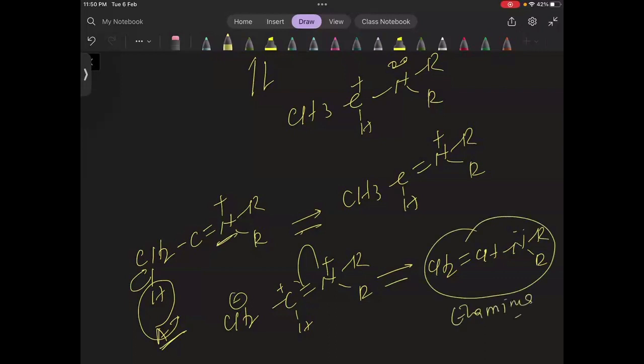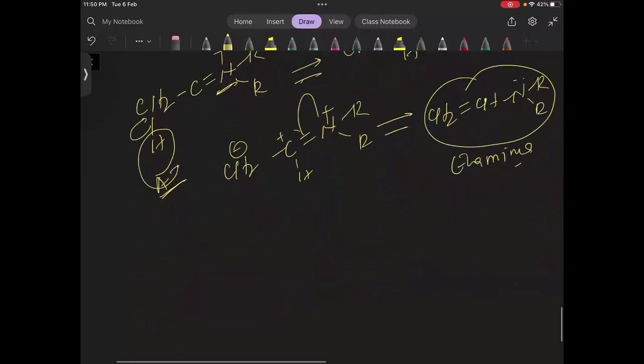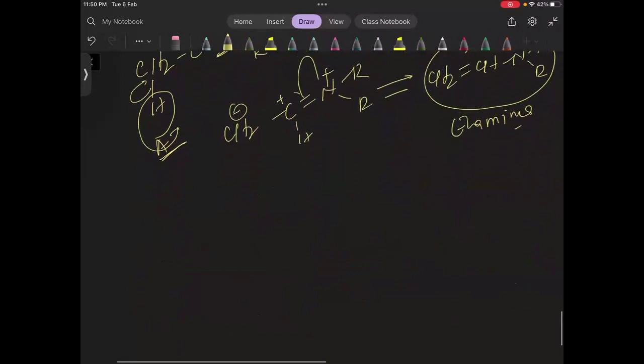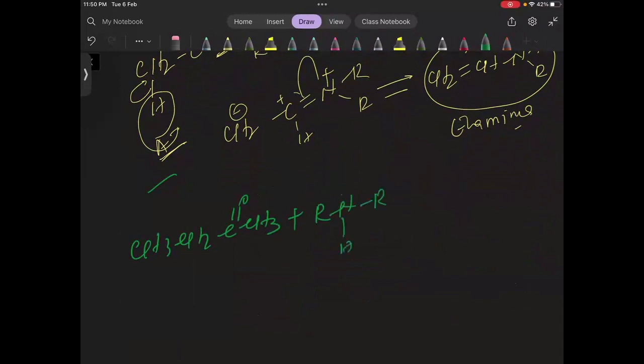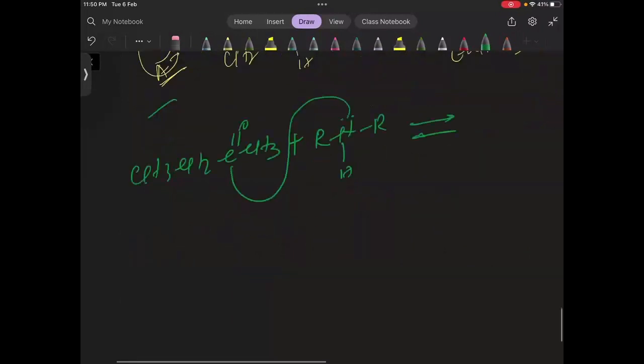Enamines will form. Let's understand through one more example here, then you will understand perfectly. See what the example is. The compound is CH3CH2C double bond OCH3, with R and R and H. The lone pair will attack here, and the compound is going to be formed: CH3CH2 and COH, CH3.